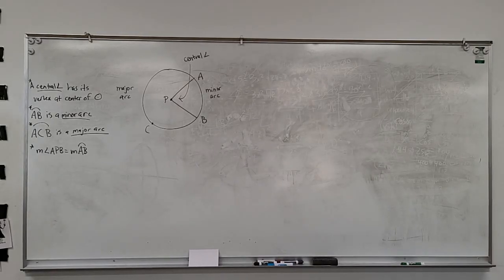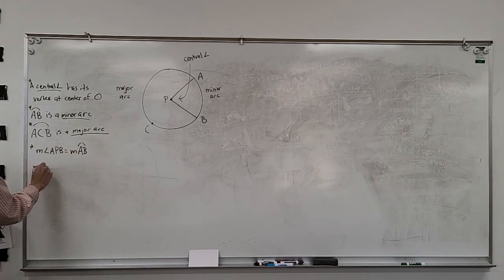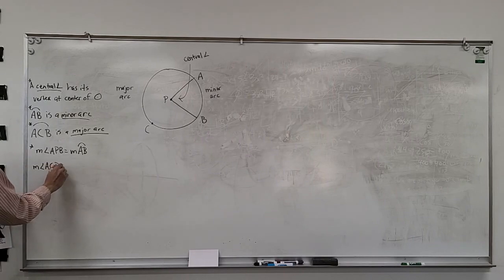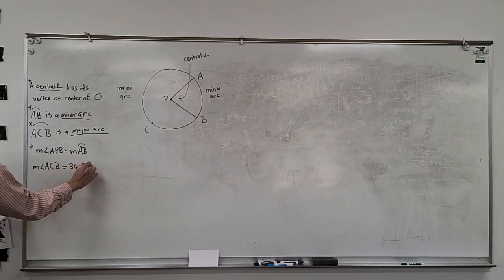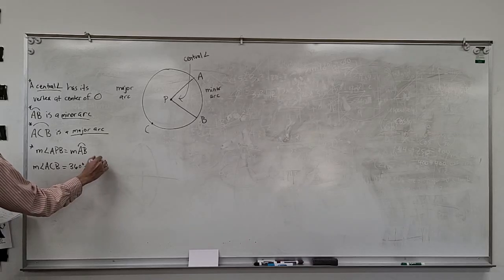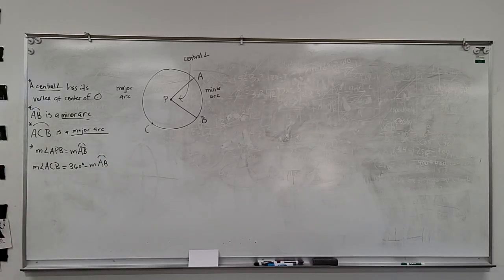And if we want to know the measure of angle ACB, then that's going to be 360 degrees minus the measure of AB. That should be kind of obvious to us. Does everybody understand that?